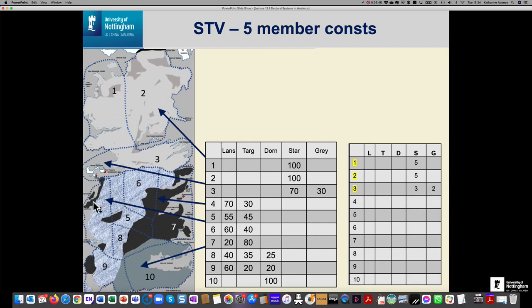What happens in constituency 4? You've got the same 70-30 split there. But you've got a lot of animosity, we know, between the Targaryens and the Lannisters. In addition, because the Lannisters have been in control of Westeros for so long, and they've been in control of the police and the electoral machinery, there's quite a lot of intimidation going on.